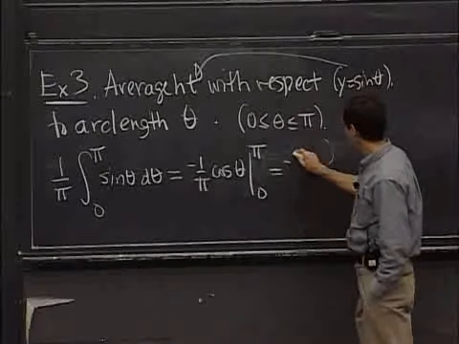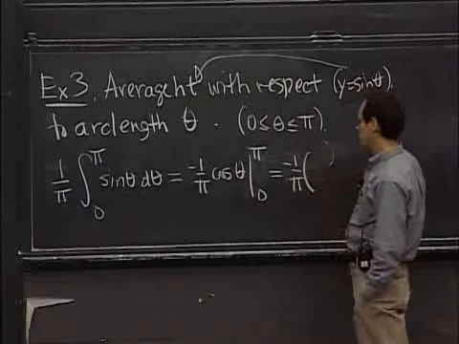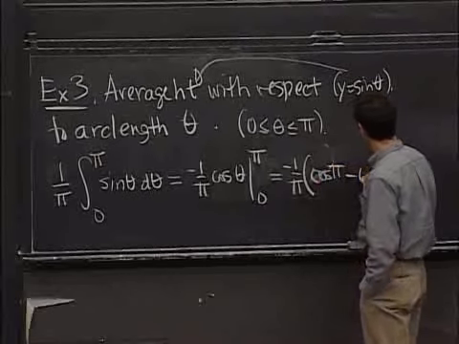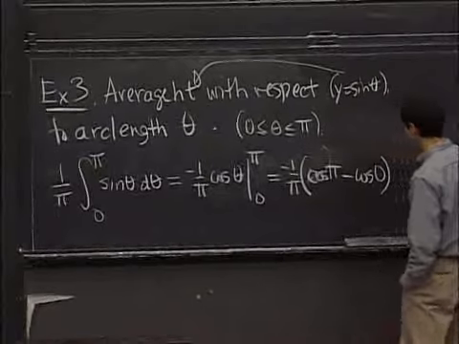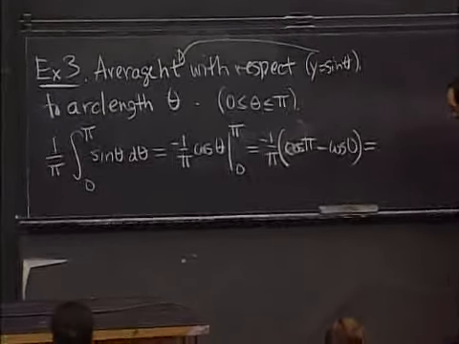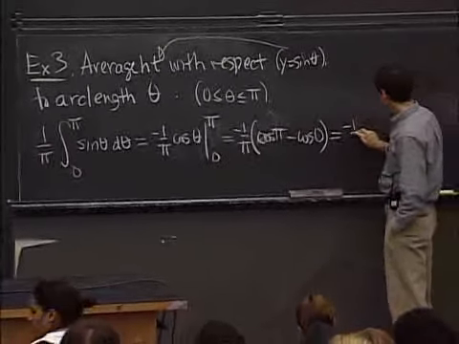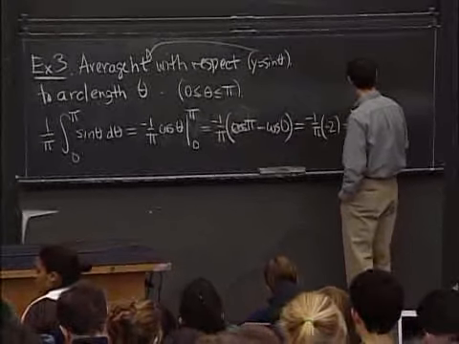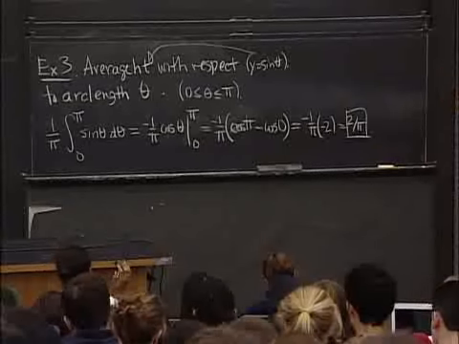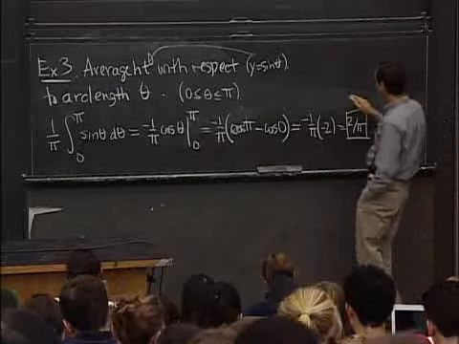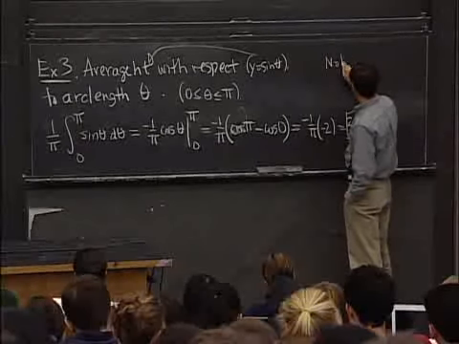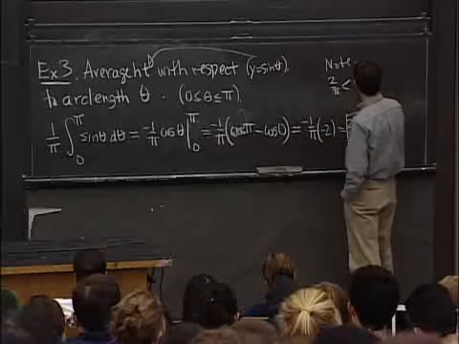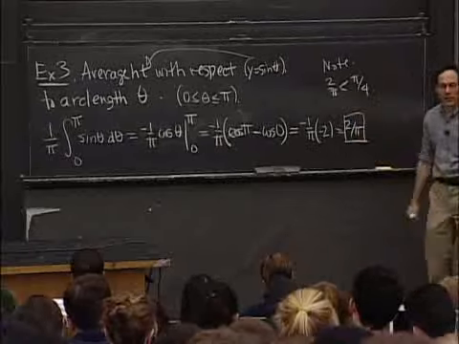And so that's negative 1 over pi times cosine pi minus cosine 0, which is negative 1 over pi times negative 2, which is 2 divided by pi. Just a second. And sure enough, if you check it, you'll see that 2 over pi is less than pi over 4 because pi squared is bigger than 8.